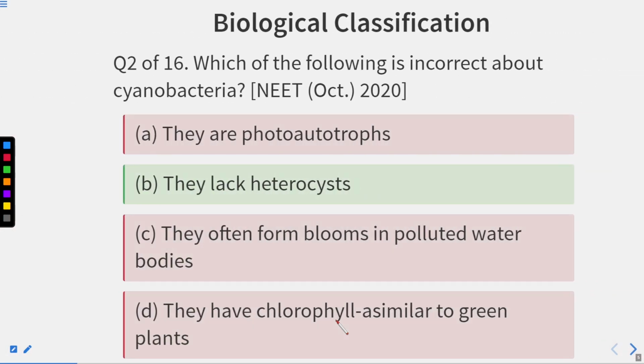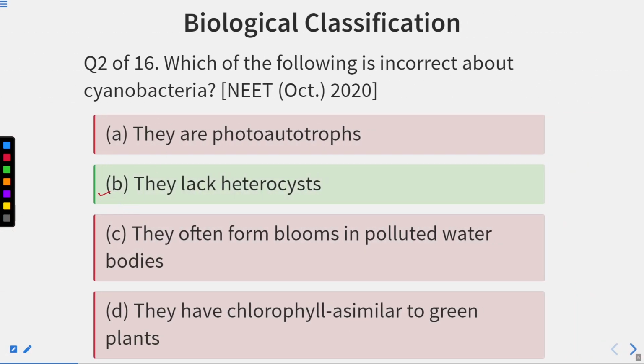Here the incorrect statement is they lack heterocyst. Cyanobacteria have heterocyst. An example is Nostoc, and another example is Anabaena. These are filamentous cyanobacteria.